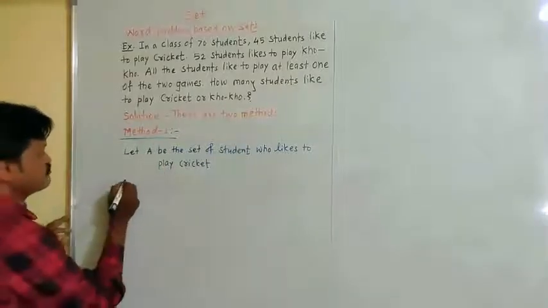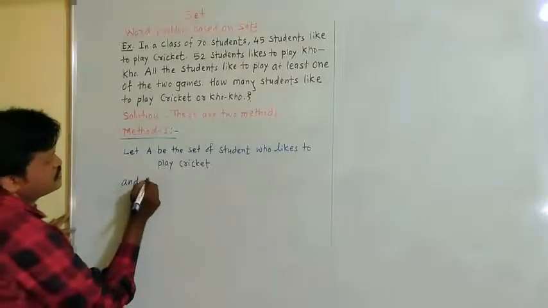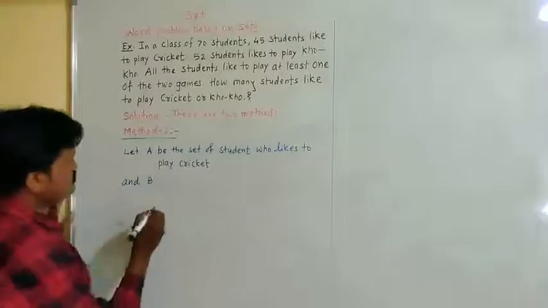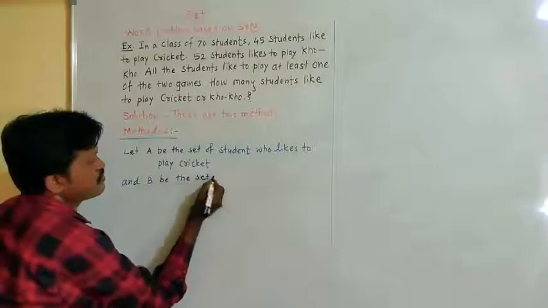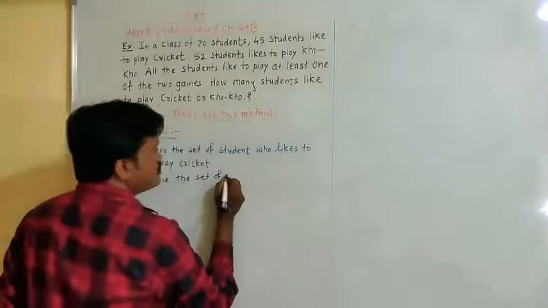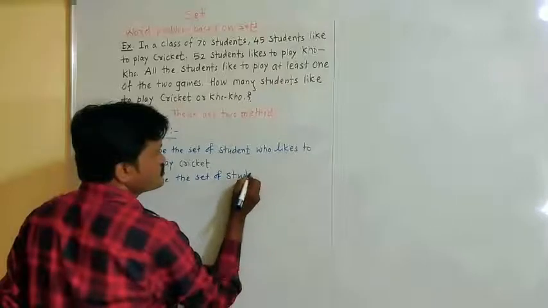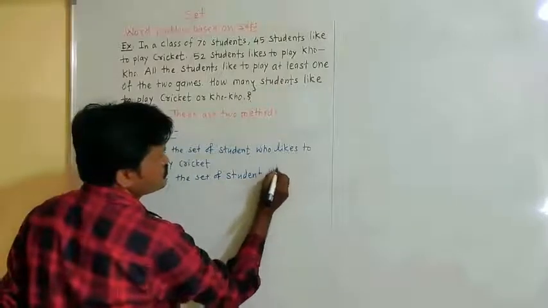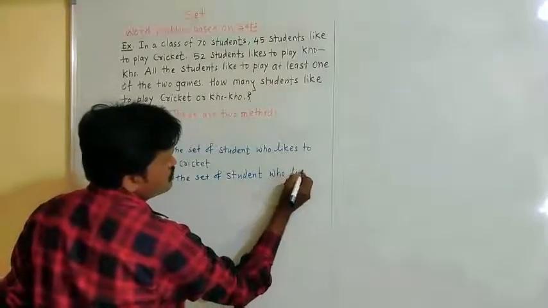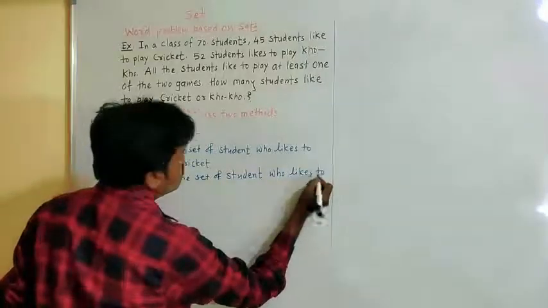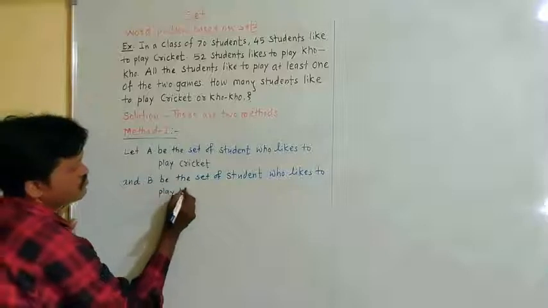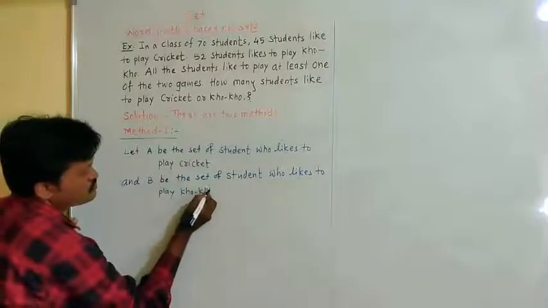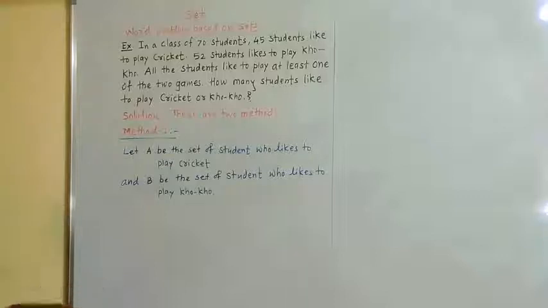And B be the set of students who like to play Kho-Kho. So these are the notations, set A and set B.